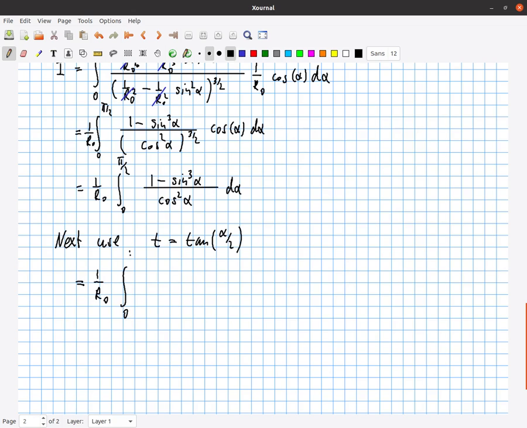This will become the integral from 0 to 1 of 2 over 1 plus t squared, plus 4t over 1 plus t squared, squared.